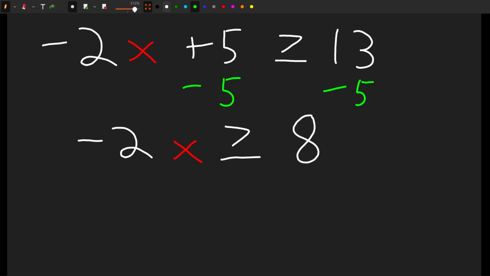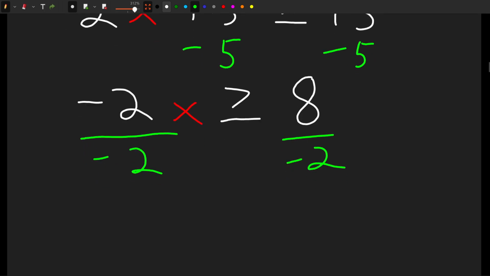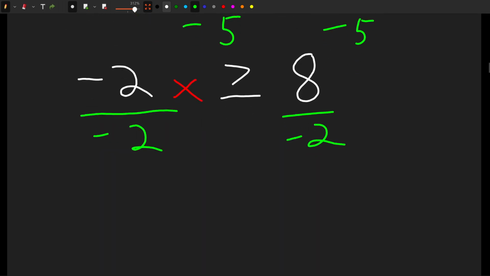Now here I'm going to divide by negative 2. And what this does is it changes the sign from greater than or equal to, to less than or equal to. That's one thing you want to keep in mind: anytime you divide or multiply by a negative number, the sign will change. So now we'll have x is less than or equal to, in this case, negative 4.